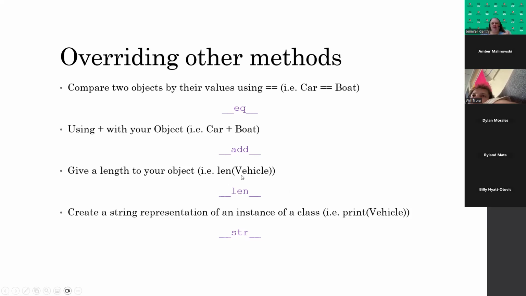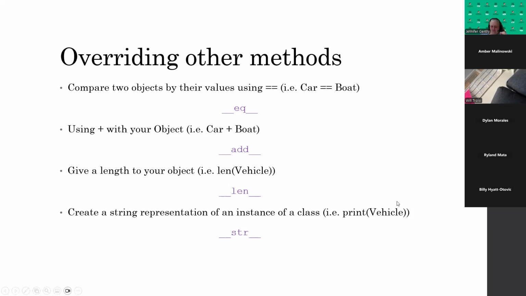I can say, what is the length of the vehicle? I have the ability to dictate that. Is it a wheelbase length? Is it a passenger cabin length? Is it how many miles I can go on a tank of gas? I don't know, but you get to make that definition.